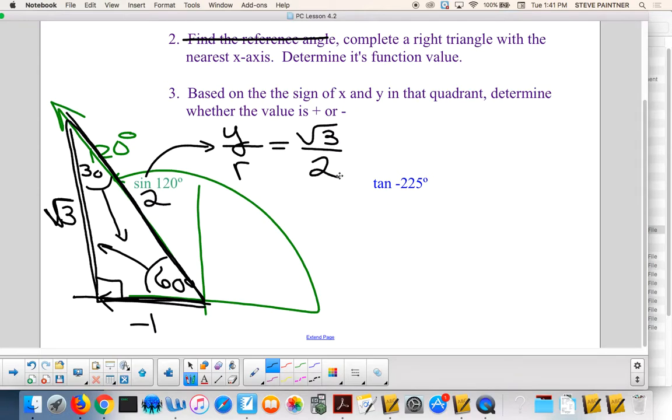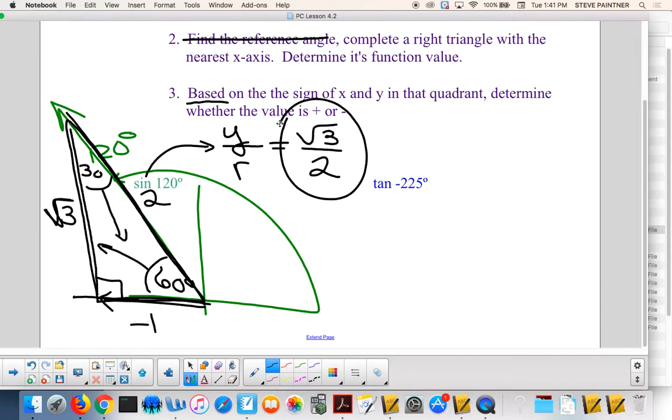Good. All right, this is step 3 now. Based on the sign of x and y in that quadrant, determine whether it's positive or negative. Well, they're both positive, so this is positive. Sine is positive in that quadrant. How come? Why is sine positive in that quadrant?